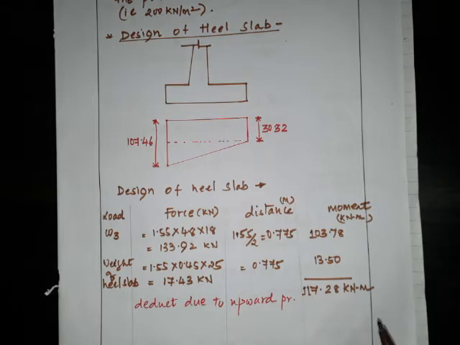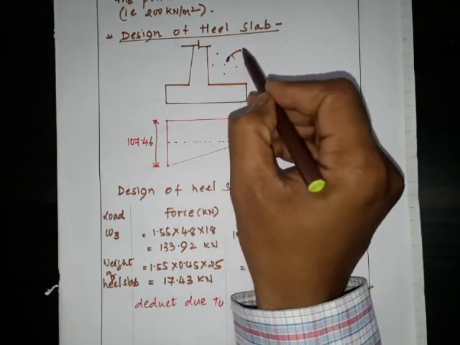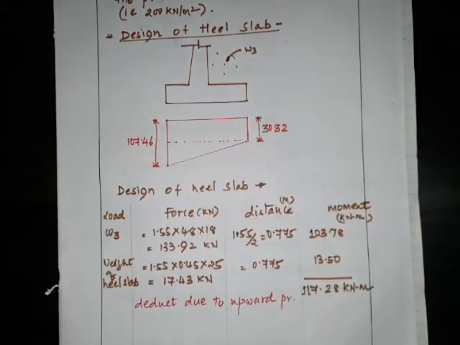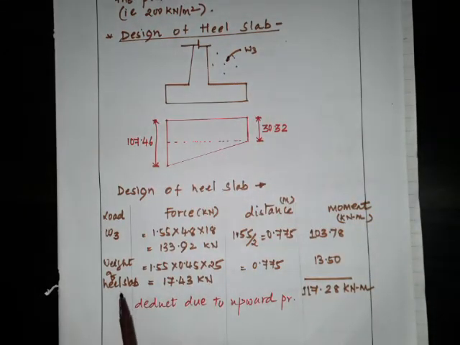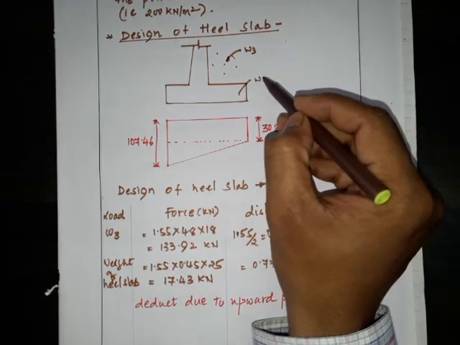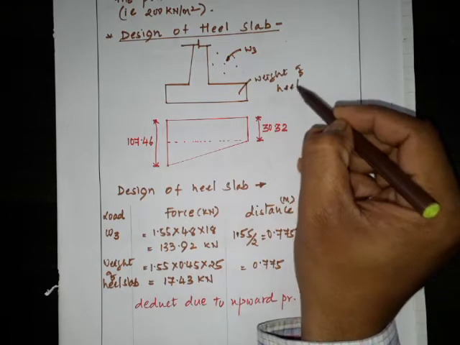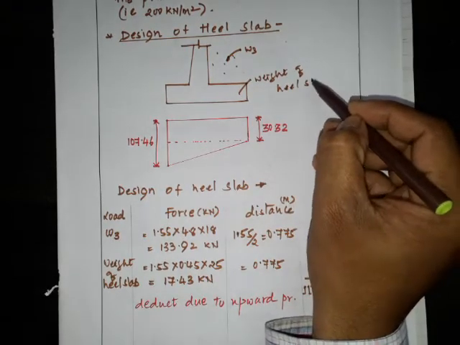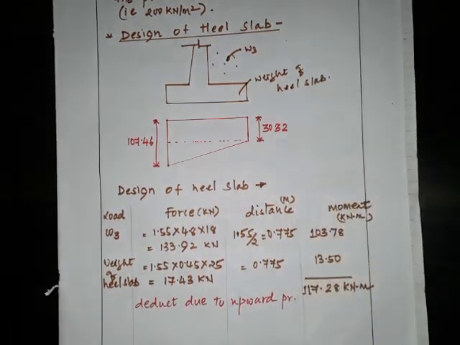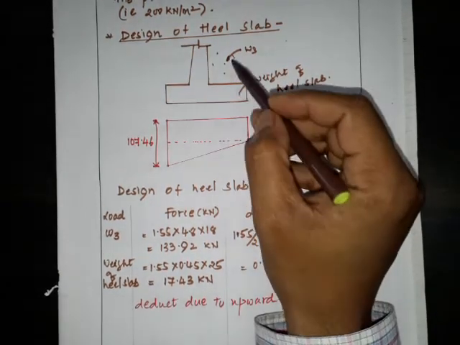In that we have W3, that is the weight of backfill, the weight of the soil, and after that we have the weight of the heel slab, the self weight or dead load of the heel slab we have considered.